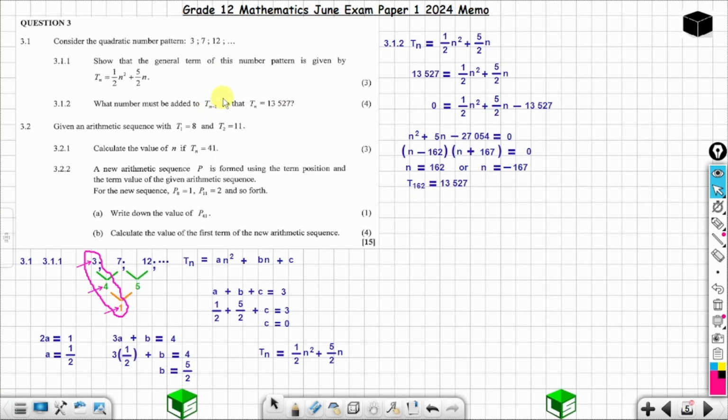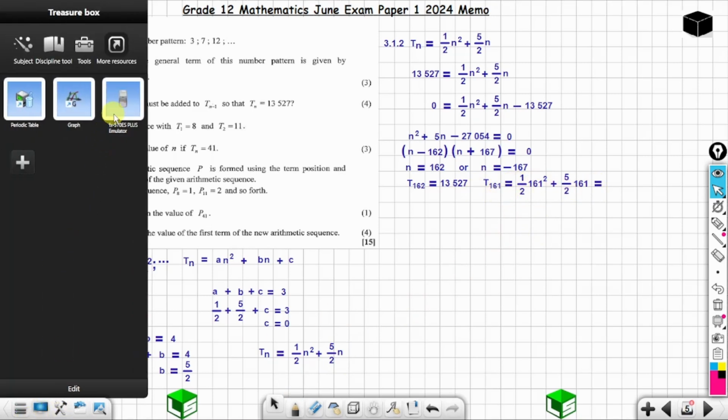Now the previous term, Tn minus 1, which is t 161, is equal to, you are going to use the general term, the general formula. So 1 over 2 times 161 squared plus 5 over 2 times 161.